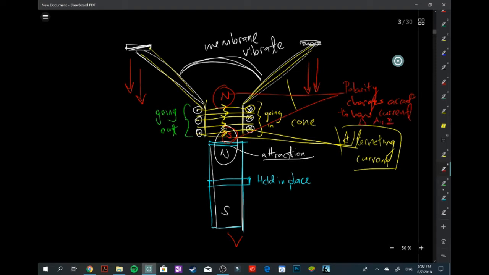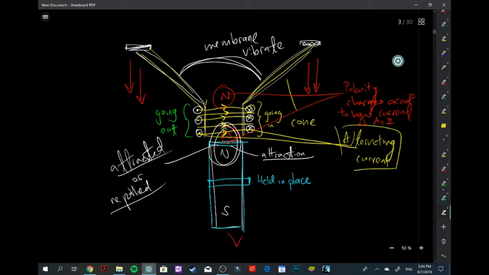This will affect the cone, so it gets attracted or repelled accordingly.